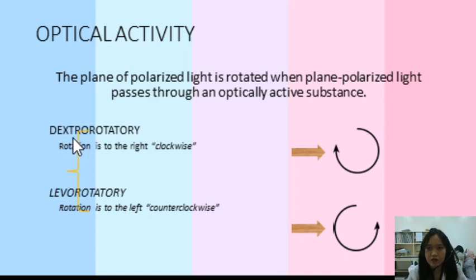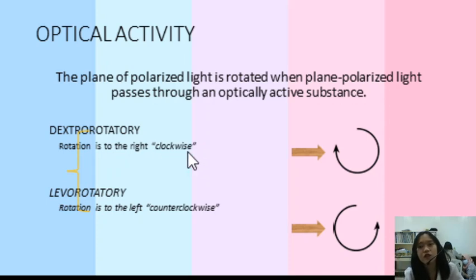So, you call the substance dextrorotatory if it rotates the plane polarized light in a clockwise direction. Okay? So, you will call the substance dextrorotatory when it rotates the plane polarized light in a clockwise direction, or to the right.